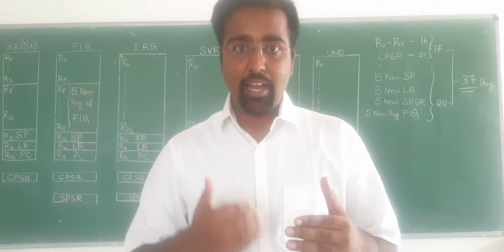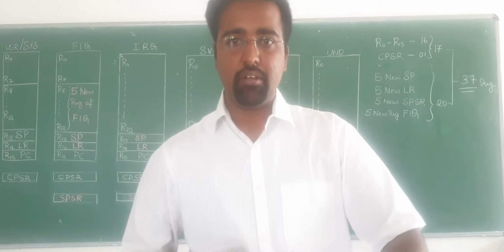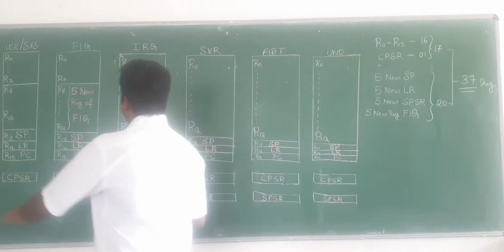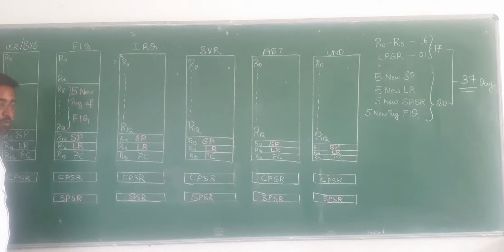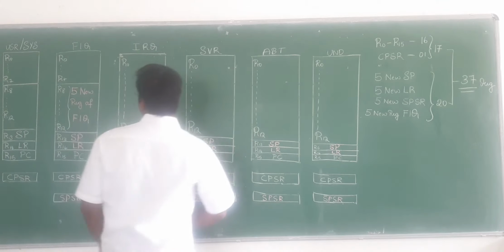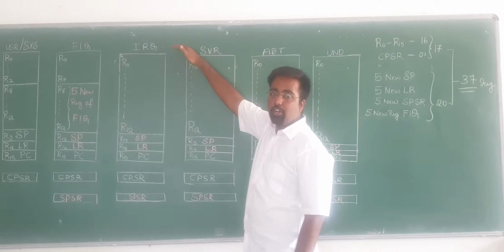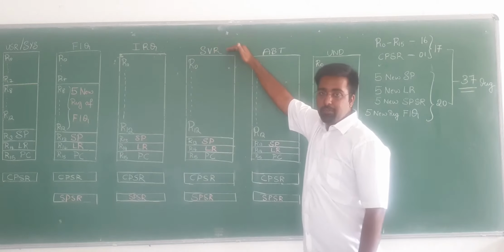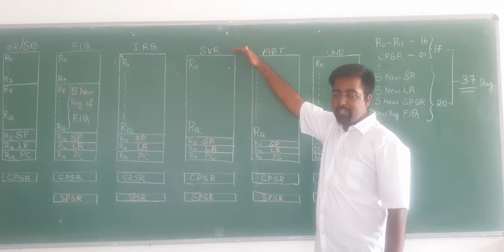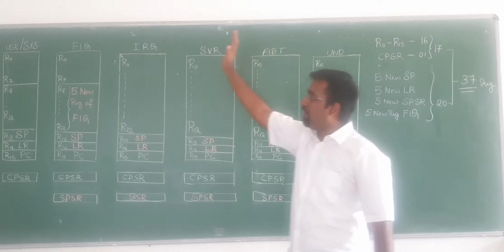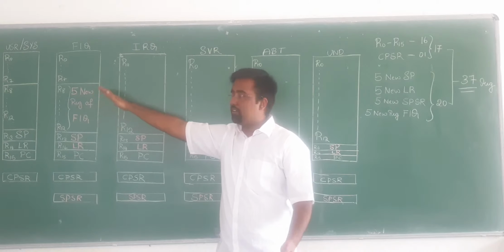First we'll learn that, and we'll move ahead with each register. Here, user and system mode do not require any interrupt. The rest 5 are FIQ, the fast interrupt, IRQ, the normal interrupt, SVC, that is supervisor mode, abort mode, and undefined mode. FIQ requires an FIQ interrupt.